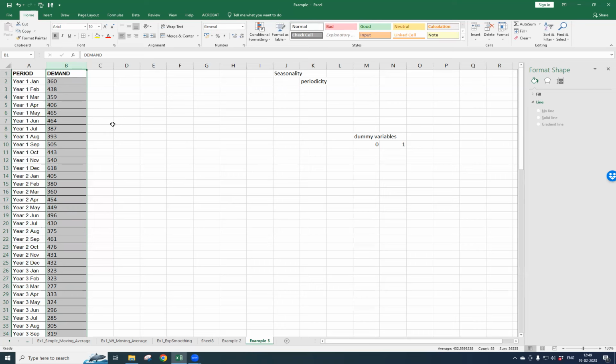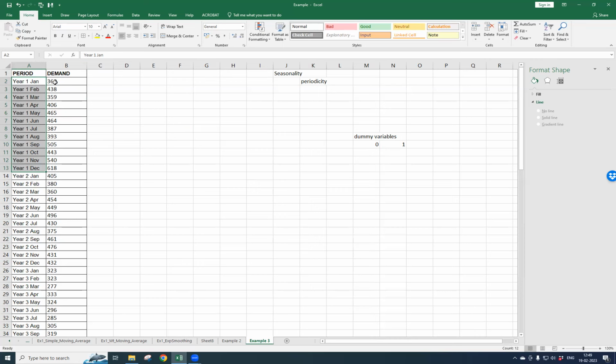Now, we said that in seasonality, we are interested in patterns repeating themselves. So we are interested in this periodicity being represented over here. Because I'm assuming that the pattern is going to repeat after every 12 months, I'm going to take each of these months as one category.